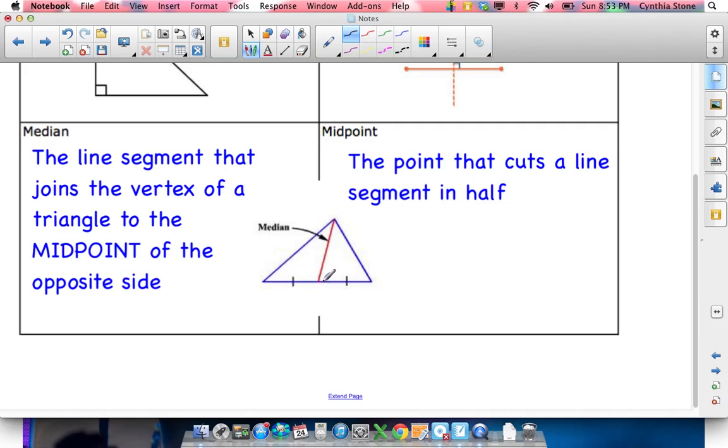If it comes across and cuts that side in half, it's called a median. For example, you could have a line that starts here and ends way over here where it's not cutting this in half. Well, that wouldn't be a median. And the midpoint would be right here. When we say midpoint, we just mean that spot right where it's the middle of that line.